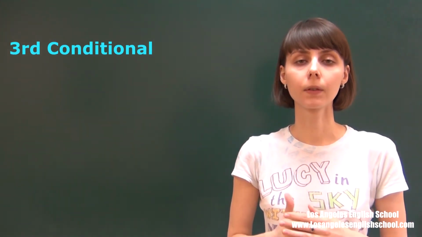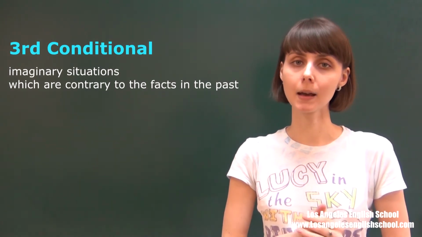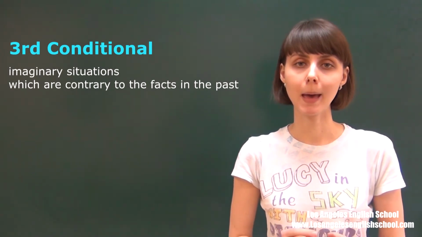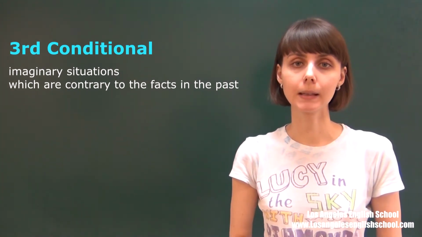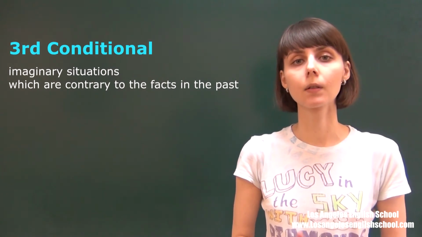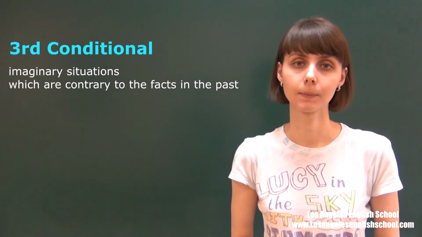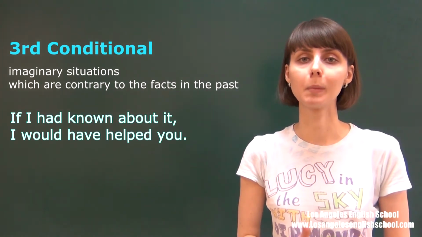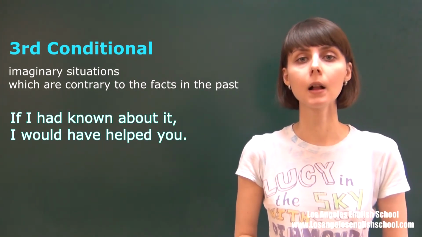And the last type of conditional sentences is called third conditionals. We use third conditional sentences when we think about the past and some probability in the past. Those actions didn't happen, and we often express criticism or regret. For example, if I had known about it, I would have helped you.